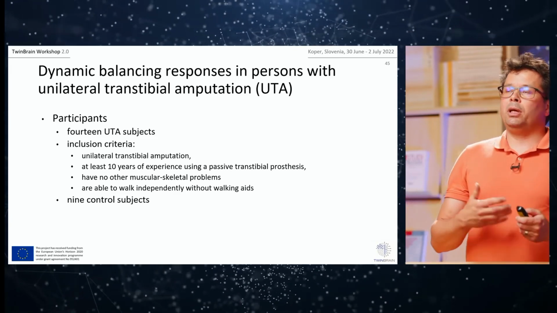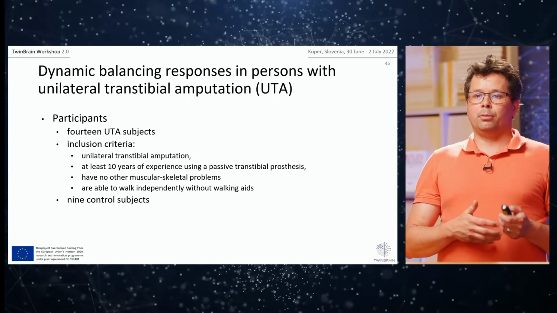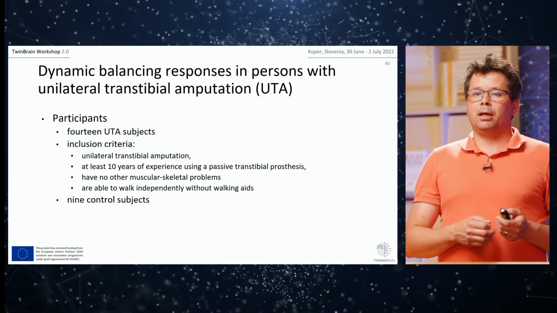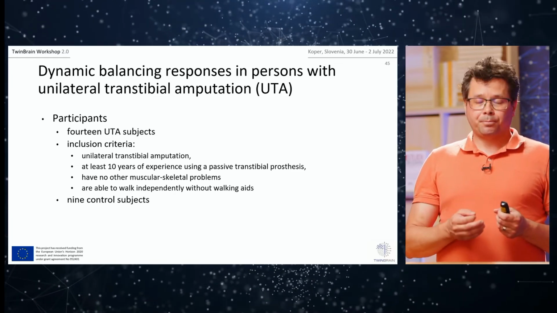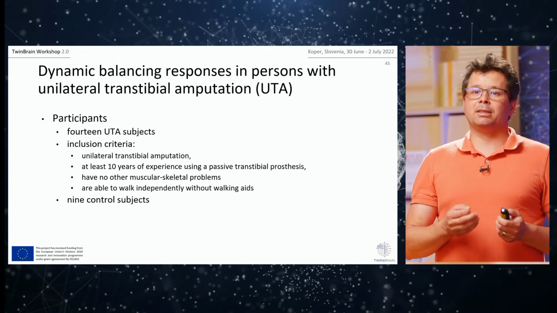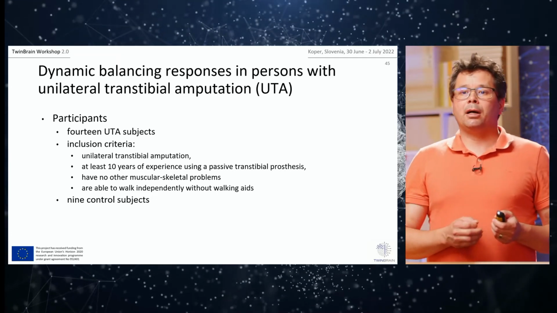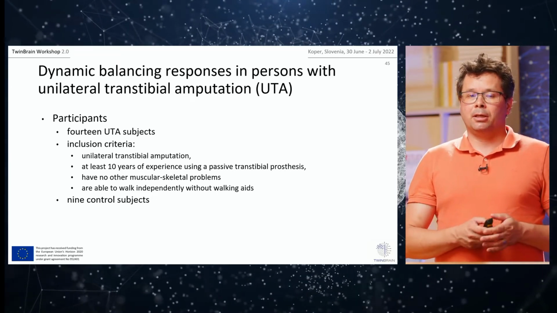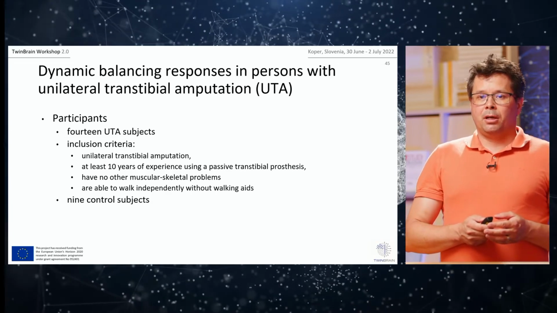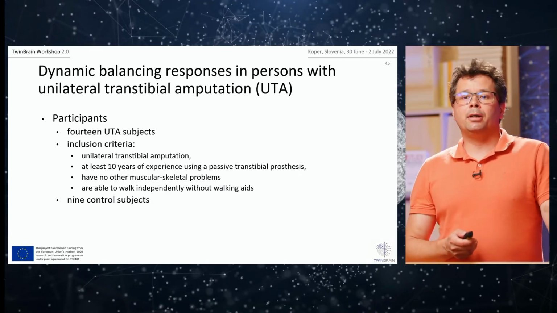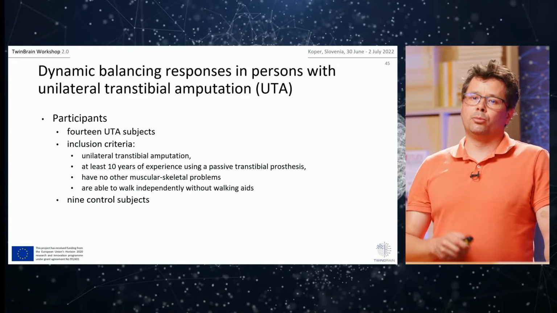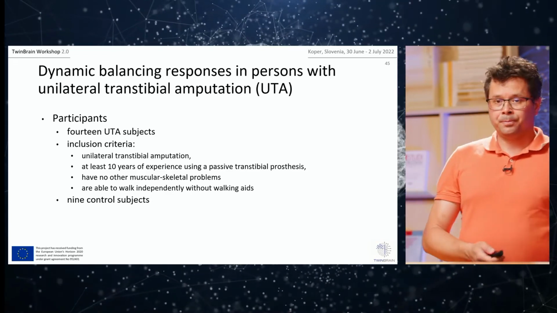They needed to be able to walk without walking aids, and they mustn't have other musculoskeletal conditions. And we also included 9 control subjects to whom we then compared the results.